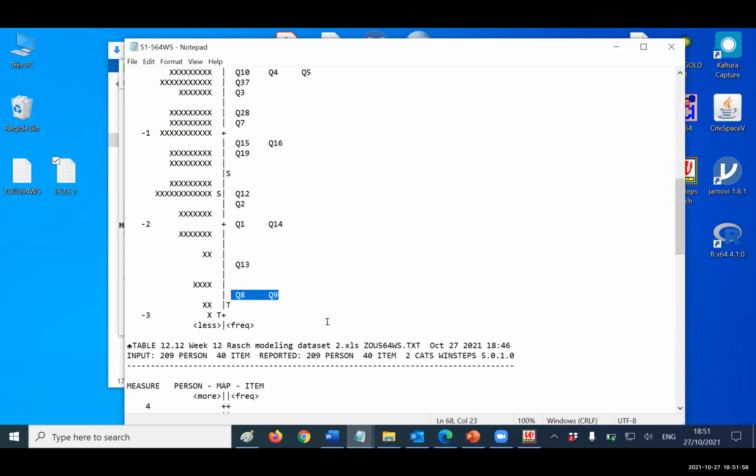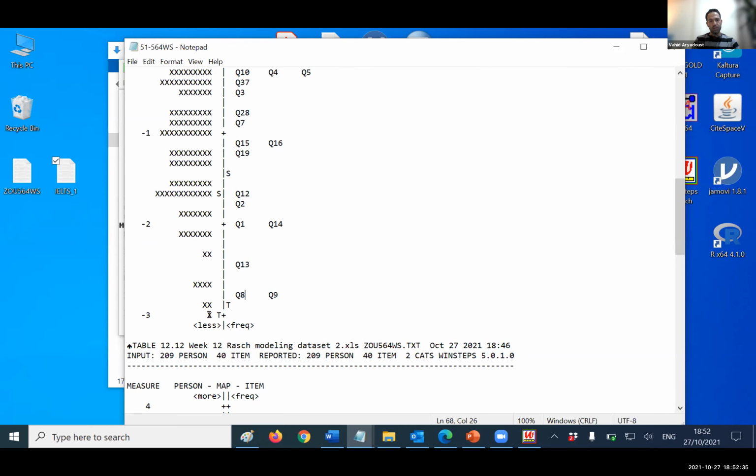We should look at their indices. But the Wright map is not the way that you see it from here, it is not highly precise. So even if items 8 and 9 might have slight differences in their difficulty, they are put along the same horizontal line like this. But they could be slightly different. We will look at that in a second.